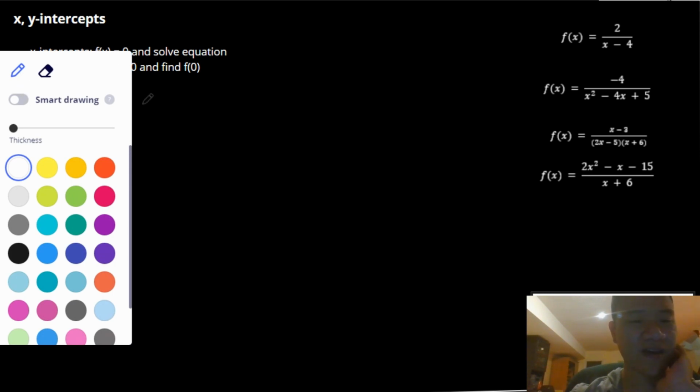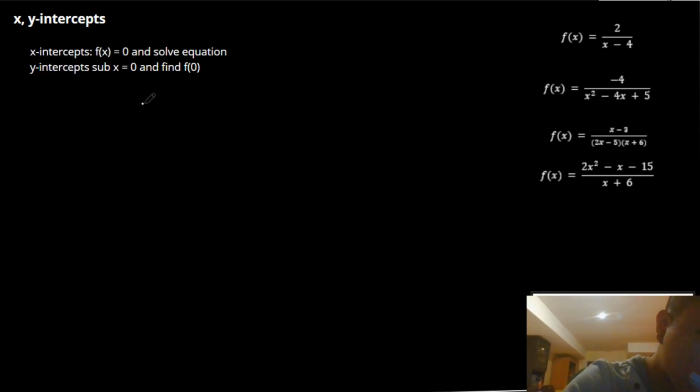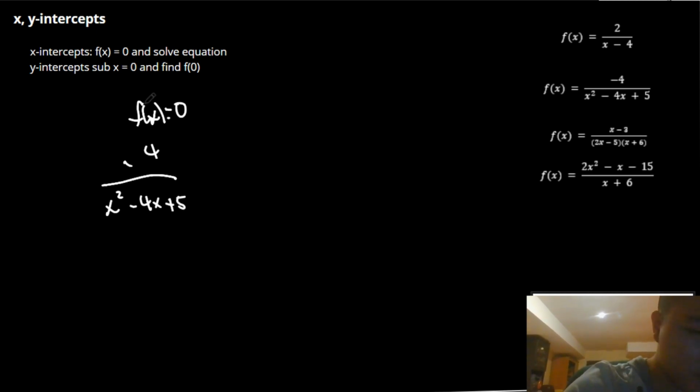Once again, we have f of x equals 0. We have -4 over x squared minus 4x plus 5 equals 0. We can multiply both sides by the entire denominator here. This is a trick that you can do.